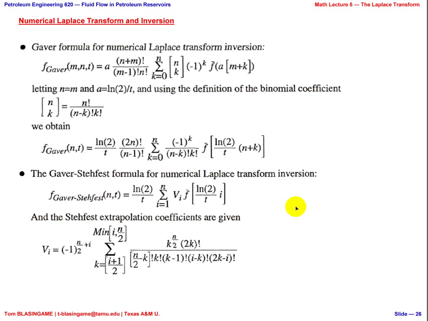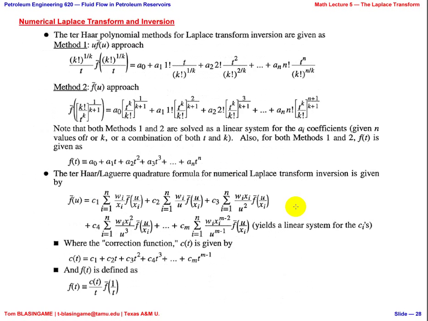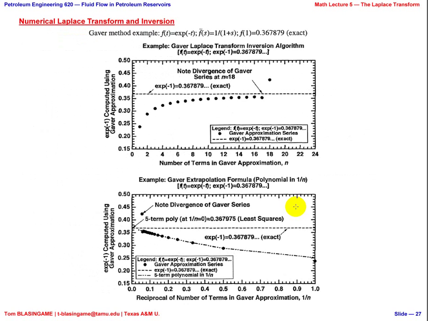This is more or less what we were talking about before. Since it is a numerical method, you may think that the more terms you use, the more accuracy you will get. This plot over here shows you that not necessarily.